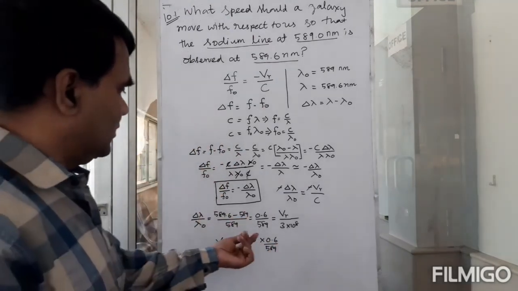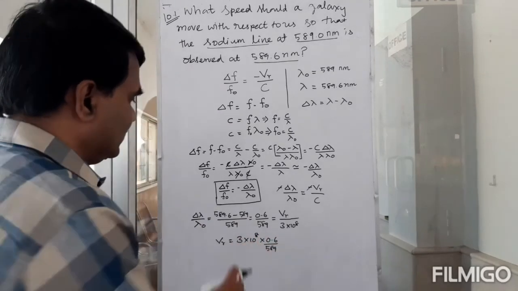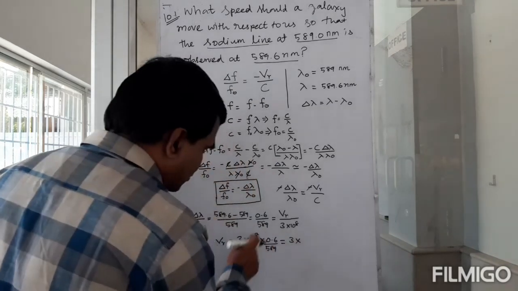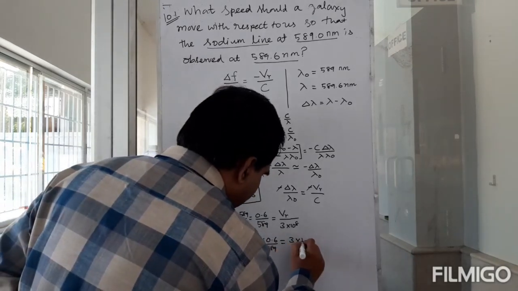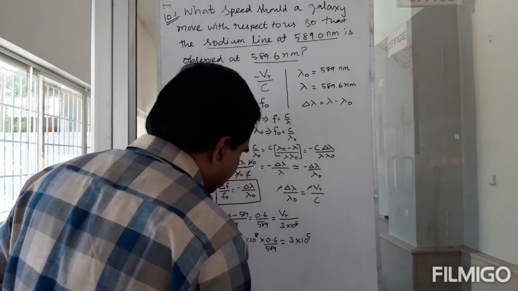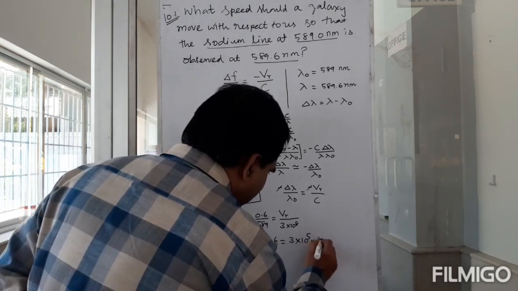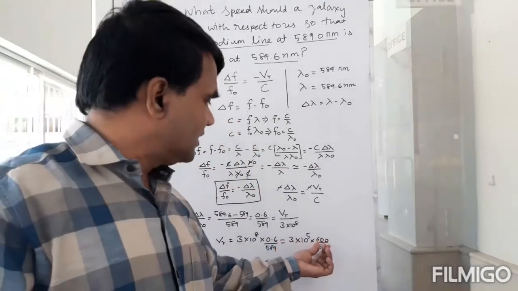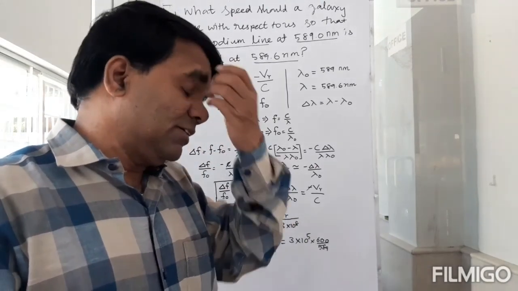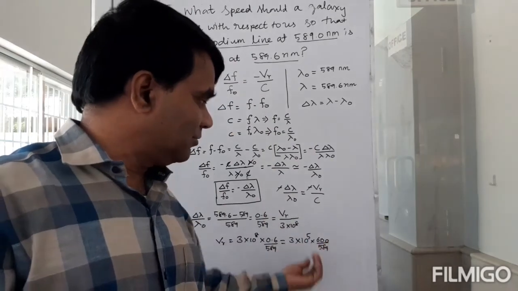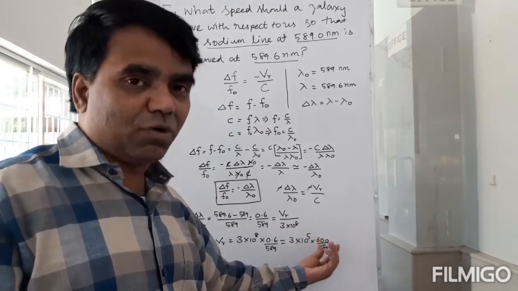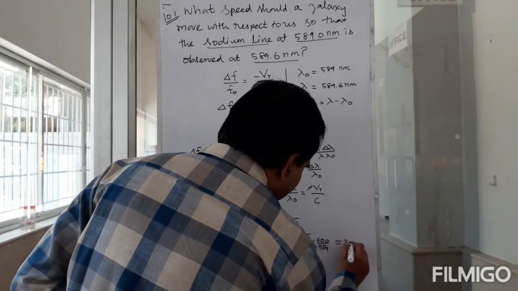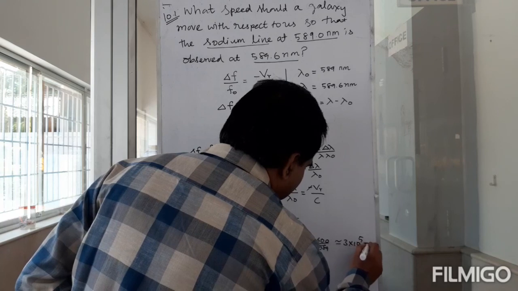Let me make this as 600, then I need to multiply by 1000, so 3 into 10 power 5 meter per second into 600 by 589. This is close to 1, so I can treat this to be number 1. That gives me approximately 3 into 10 power 5 meter per second.